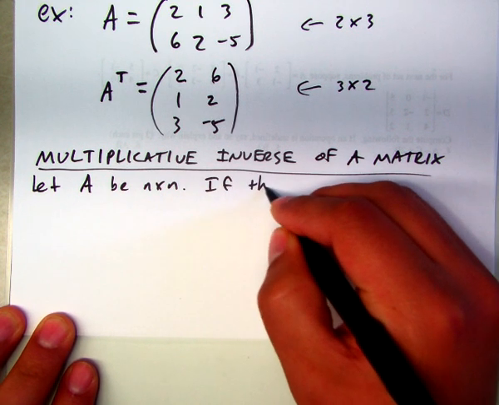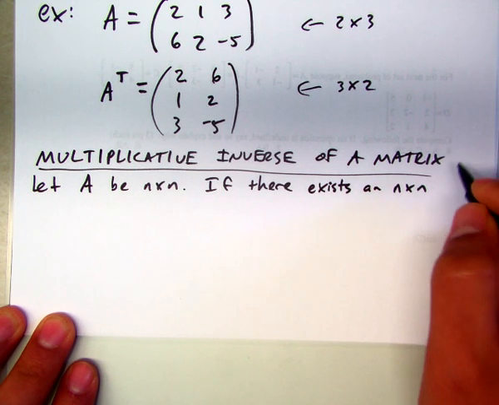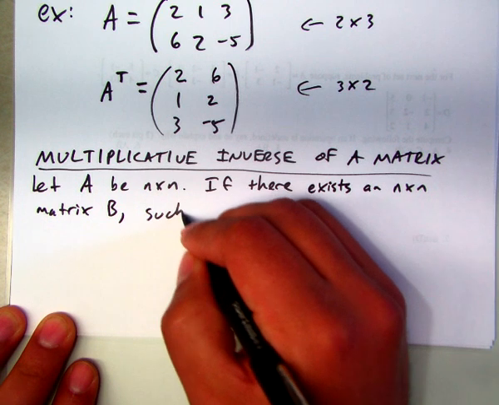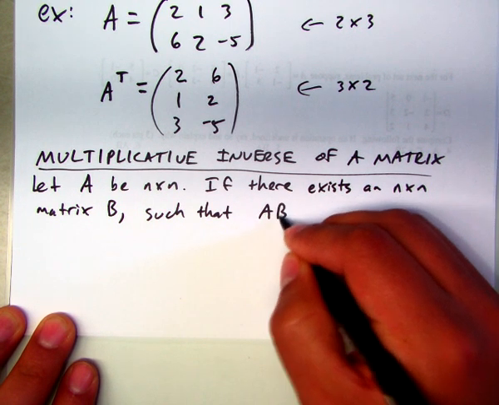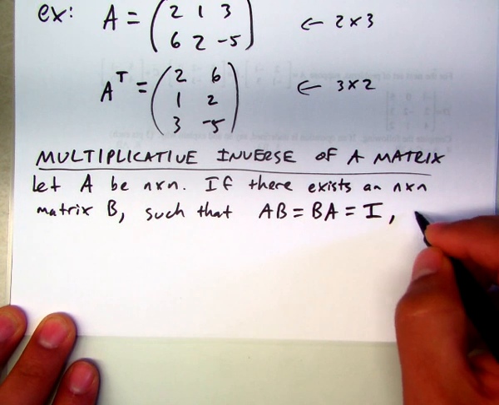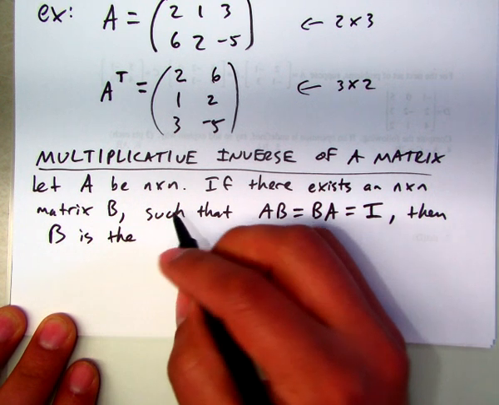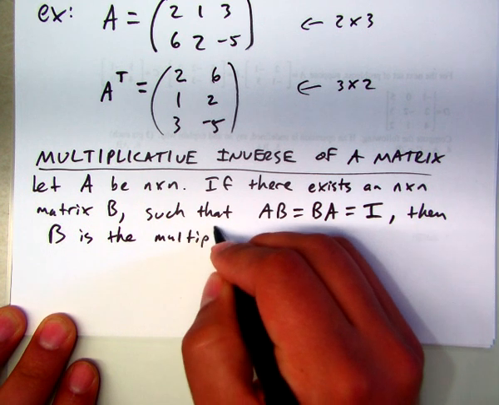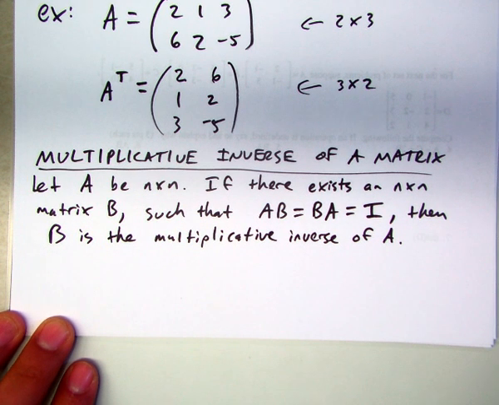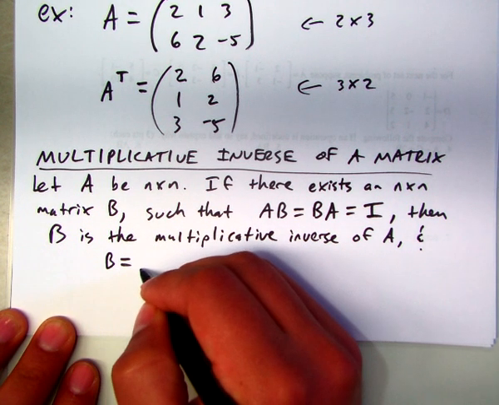If there exists an n by n matrix B, we'll call it, such that A times B or B times A results in getting the identity matrix, then we call B the multiplicative inverse of A. And we call B another name, we just call it A inverse as well.